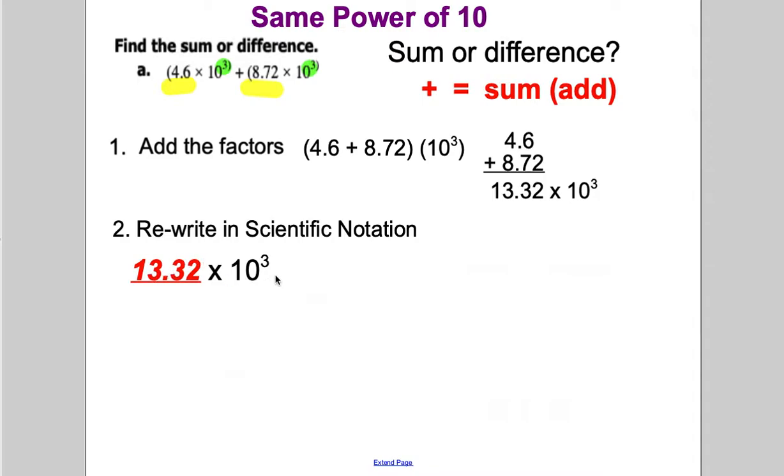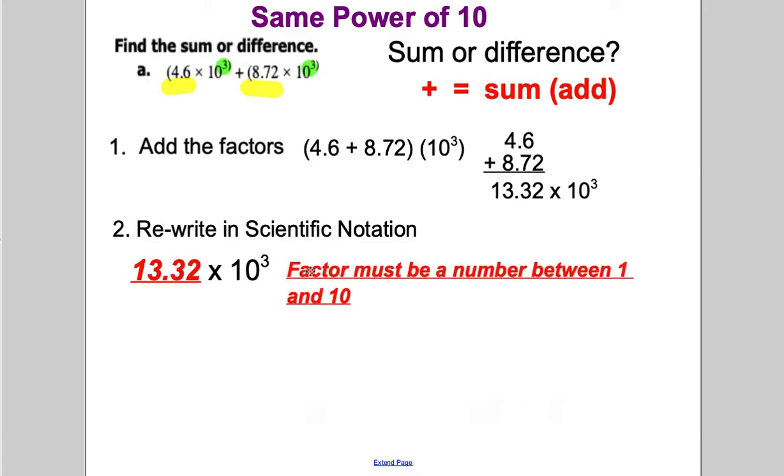13.32 times 10 to the third is not scientific notation. Why is it not scientific notation? Hopefully you remember from last week that the first number in scientific notation must be greater than 1 but less than 10. 13 is greater than 1, but it is not less than 10. Okay? So we need to rewrite this in scientific notation.